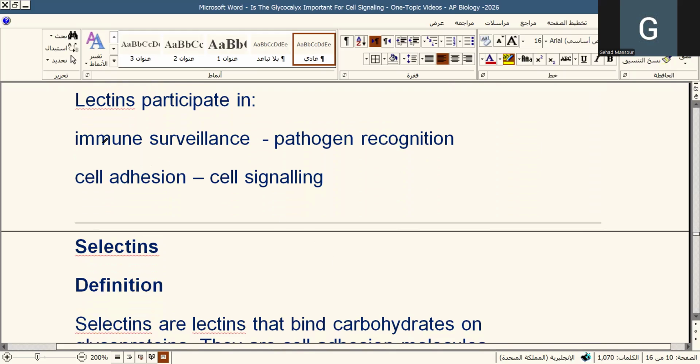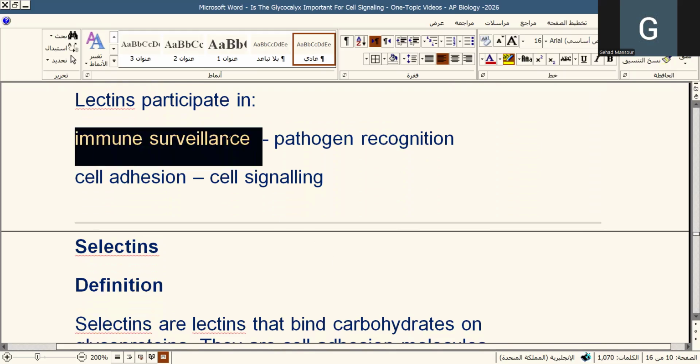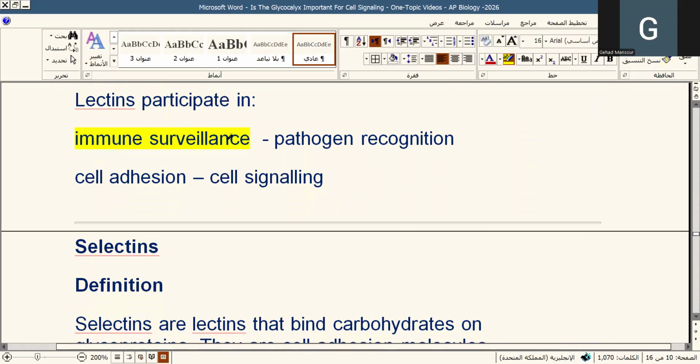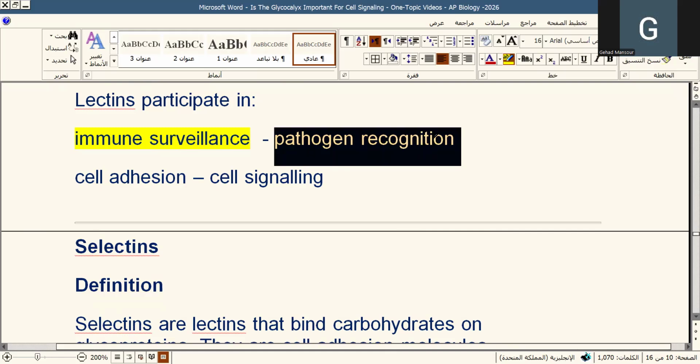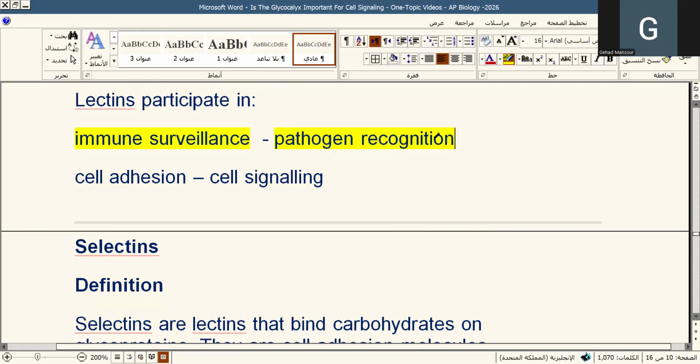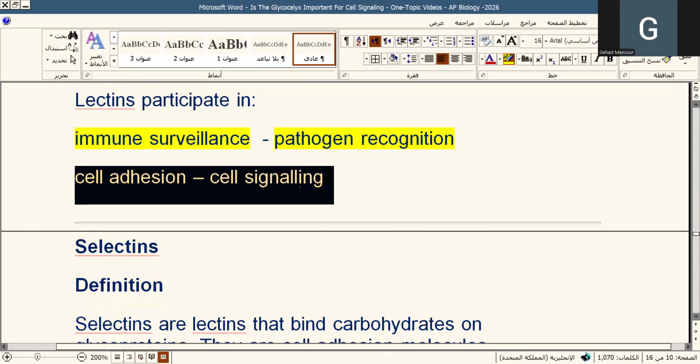And as we said before, they help in immune surveillance, but if they are not functioning properly, it might result in cancer. They help in pathogen recognition because some pathogens have sugars on their surfaces. And the lectins, just like any carbohydrate or glycoprotein, can help cell adhesion and cell signaling.